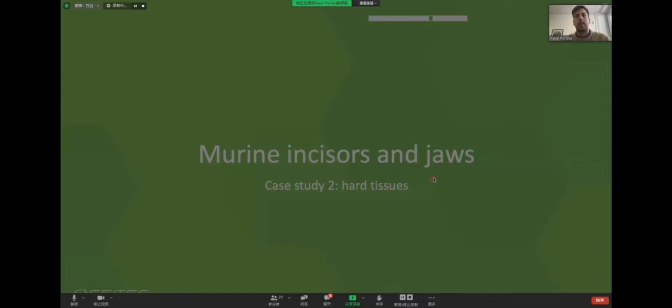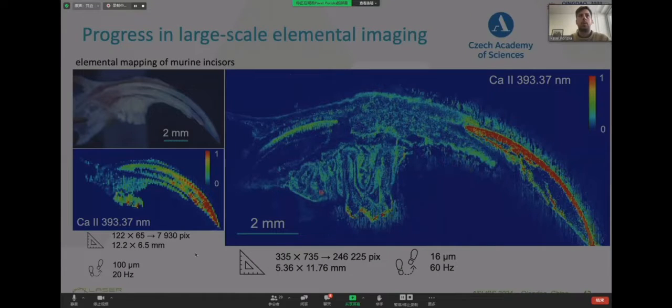For case study number 2, I'm going to show some hard tissue results, and this will be limited to some analysis of murine incisors, the front teeth, and some jaws, some bones.